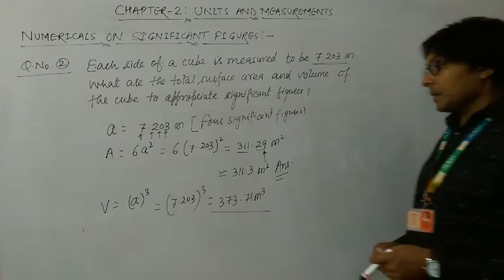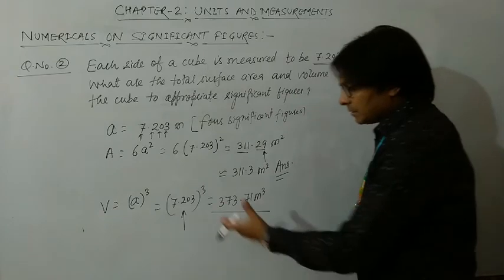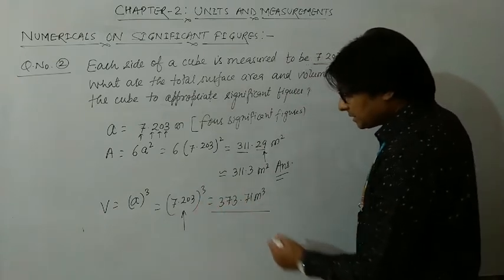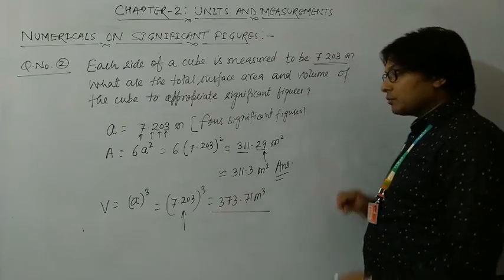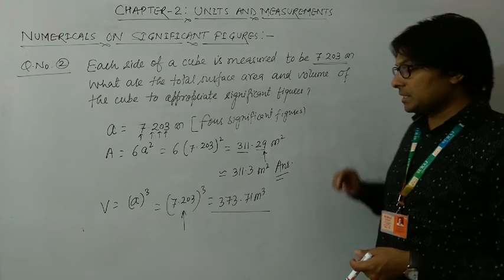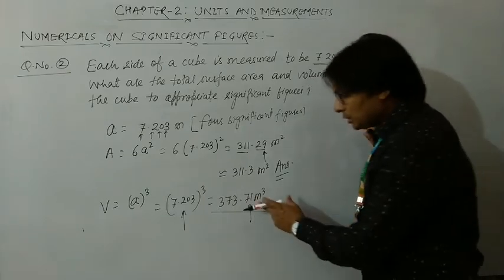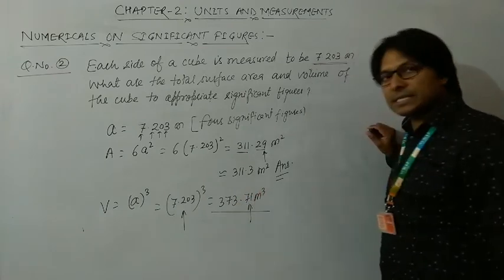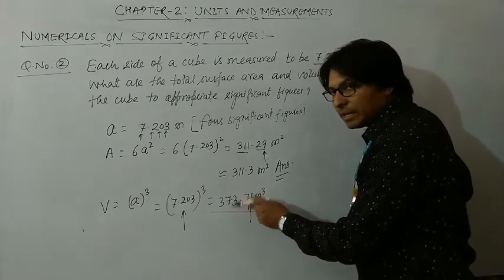Okay, now here also the significant figures are 4, but here the digits are 3 plus 2, 5. So we have to drop out one insignificant digit, which is this 1. This 1 is definitely less than 5, therefore the preceding digit will remain as it is.